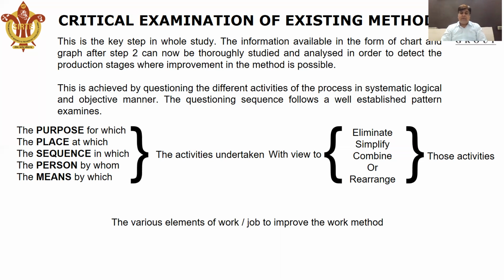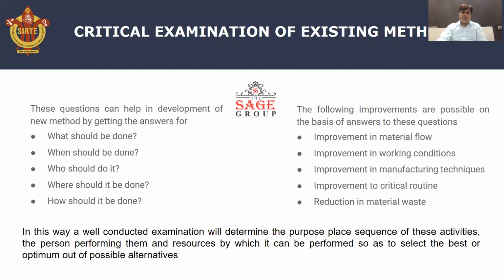Now these are the different elements of the work or job which improve the working method. These questions can help in the development of the new method by getting the answers of what should be done, when it should be done, who should do it, where it should be done, and how it should be done.